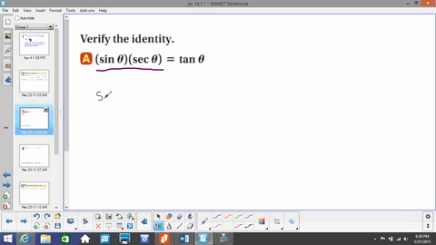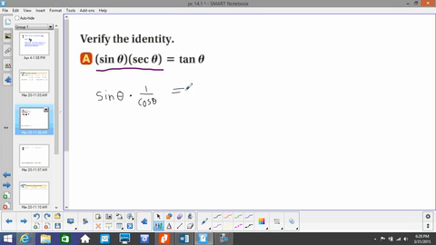So I'm going to leave that sine theta how it is, and that secant can be written as 1 over cosine theta.